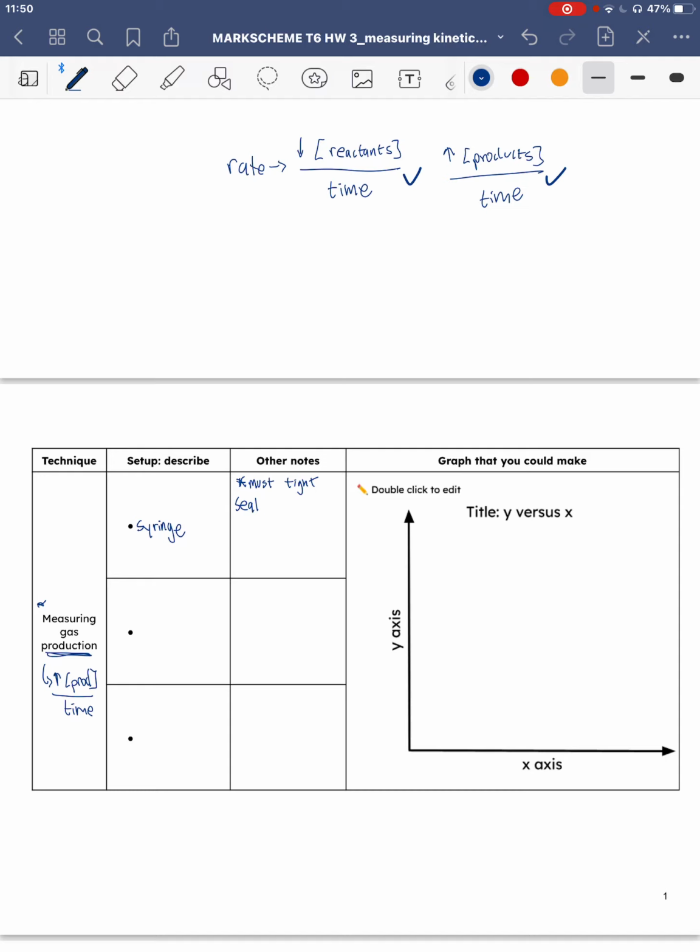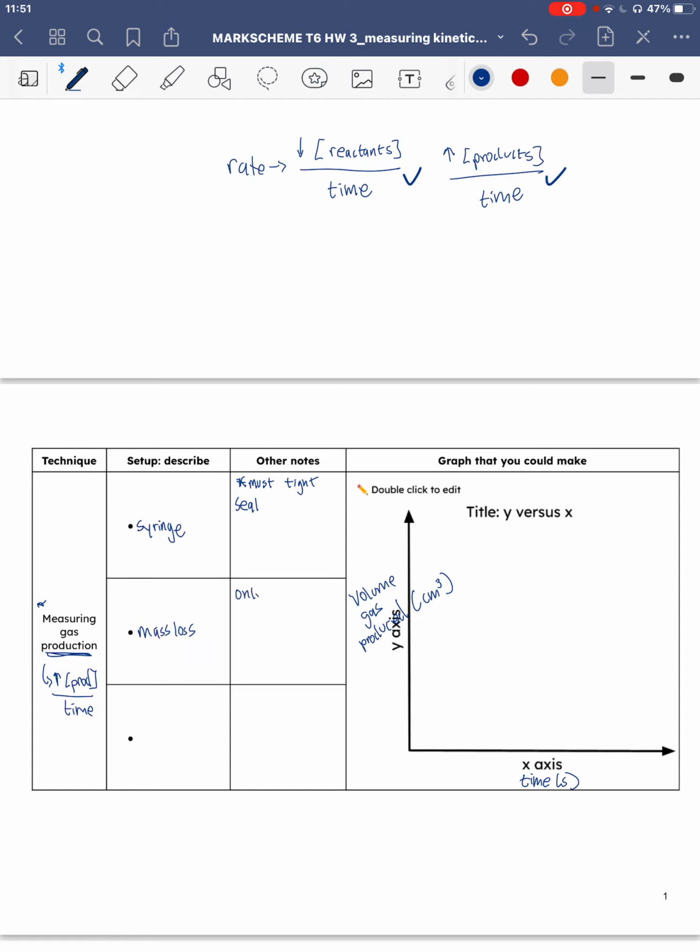And what does a graph look like here? Time in seconds versus volume of whatever gas you're making, and that would be measured in cubic centimeters or milliliters. We also looked at mass loss.